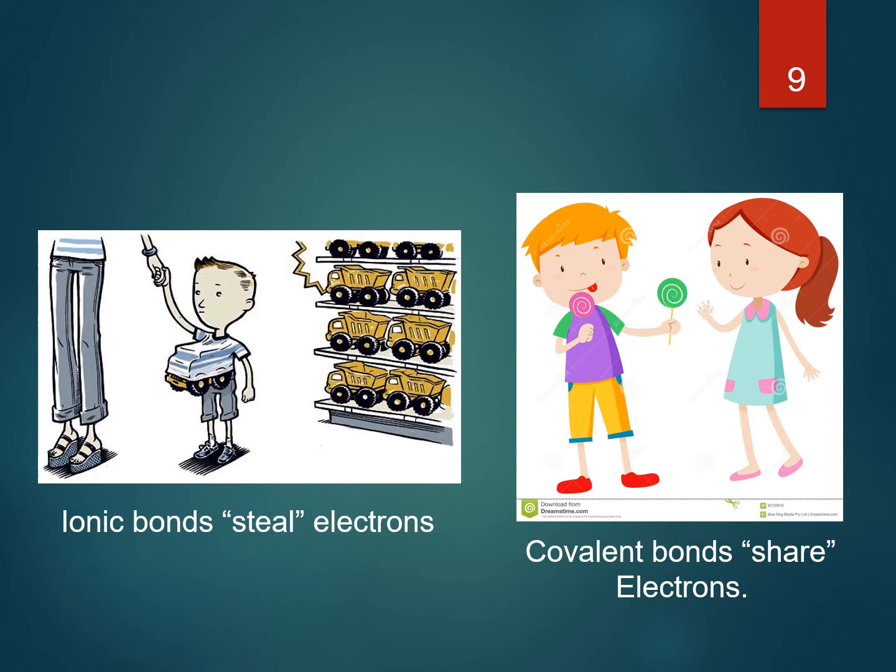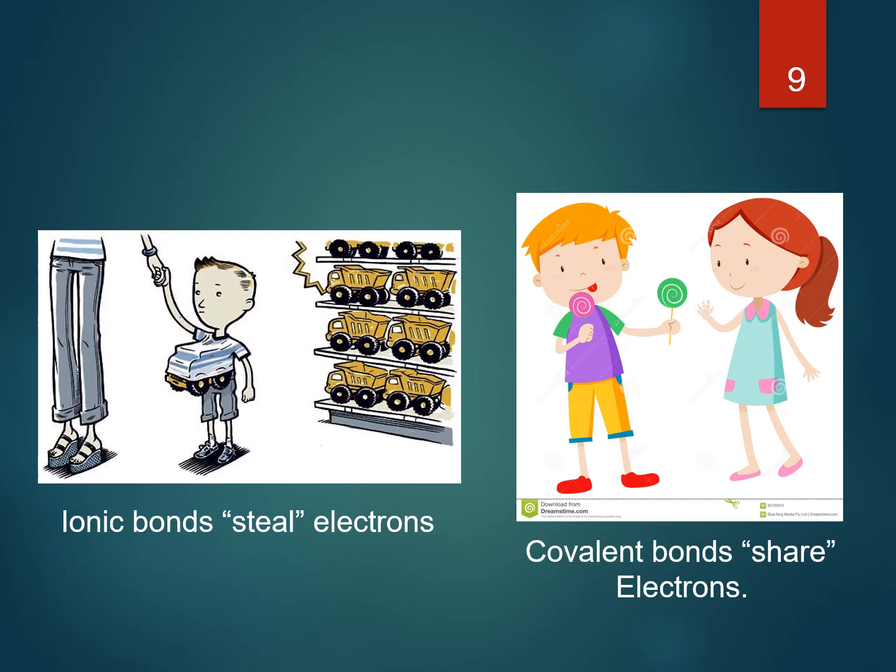Chlorine gains an electron, so it takes on a negative charge. We already said that negative and positives attract, so this change of charges of sodium and chlorine makes them attract together to form table salt.